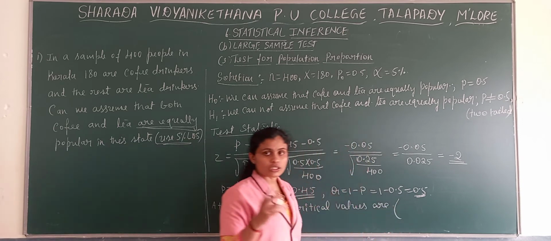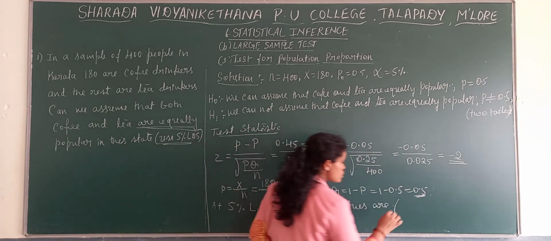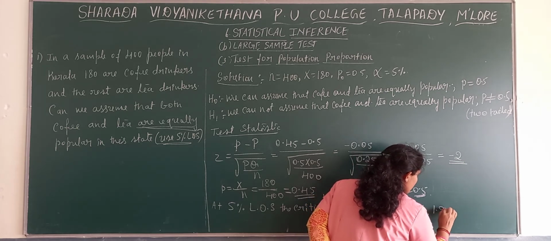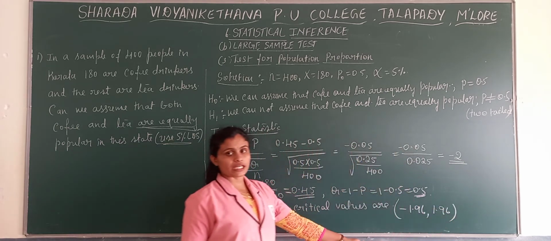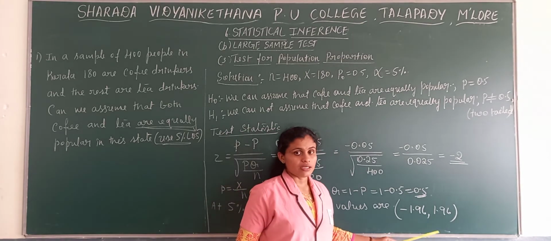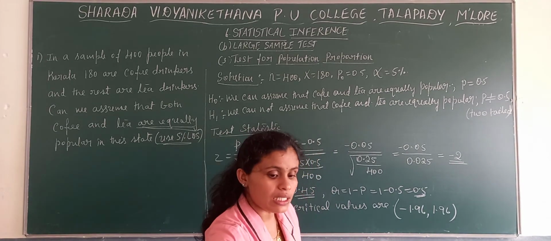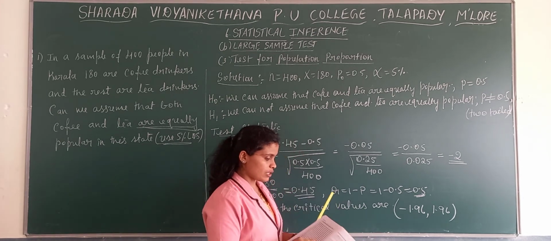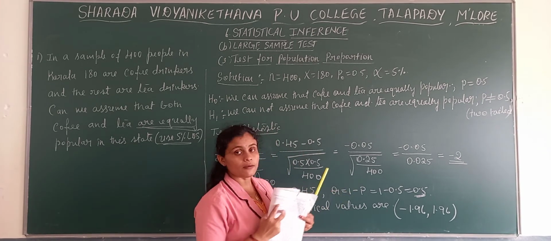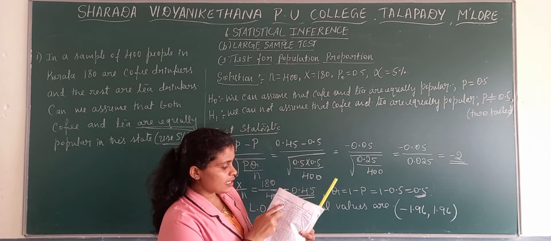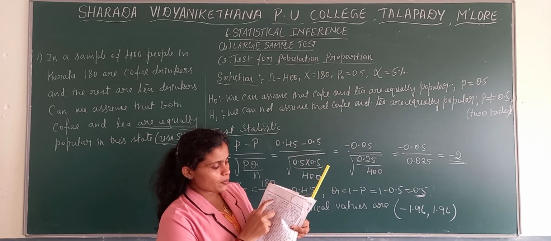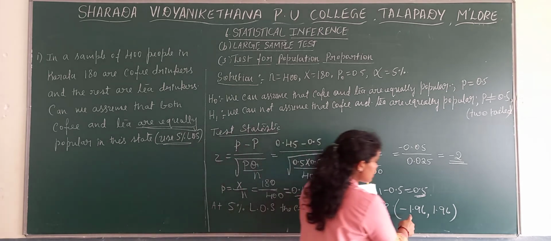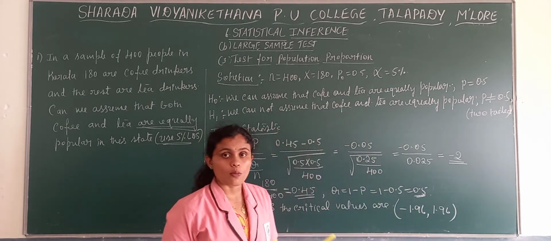For a two-tailed test, two values, that is -1.96 and positive 1.96. This we are taking from the table. Once again I will show you here, page number 431, normal test, two-tailed test 5%, value 1.96. Since it is two-tailed, minus as well as positive.